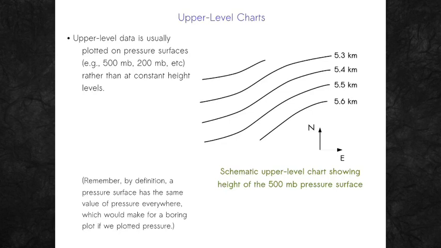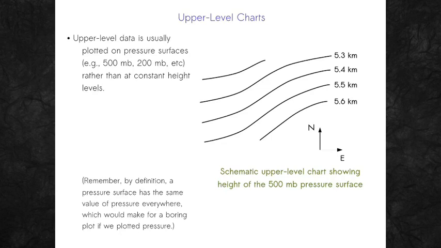We're plotting contours that represent certain values of pressure, isobars. So for instance, in the map that we looked at earlier, we had a contour that represented 1,000 millibars, and then the next one was 1,004 millibars, and then 1,008, and so forth and so on. And by doing so, we were then able to map out what the distribution of pressure looked like at sea level.